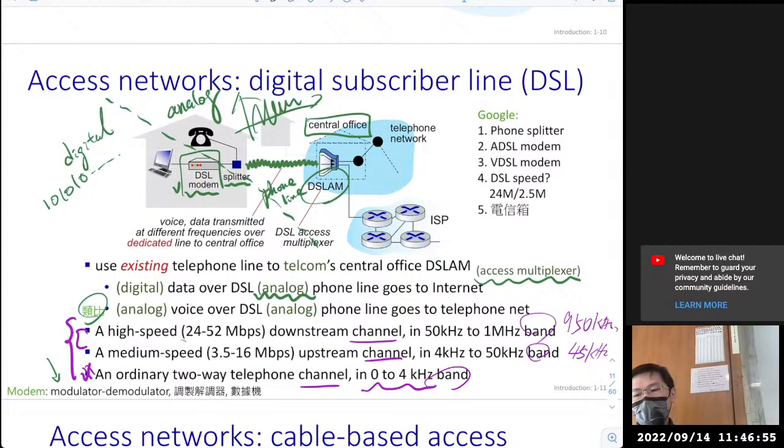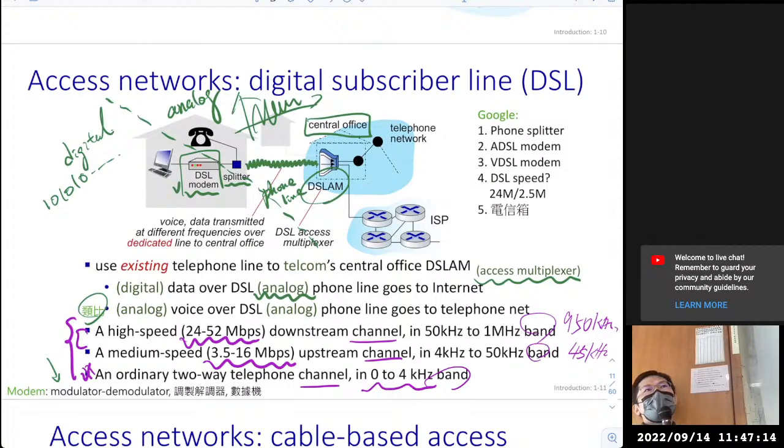So here is the number provided by the textbook. In that band, we can transmit 24 to 55 Mbit per second data, and for the other one is 3.5 to 60 megabit per second data. So one is high speed, the other is medium speed.